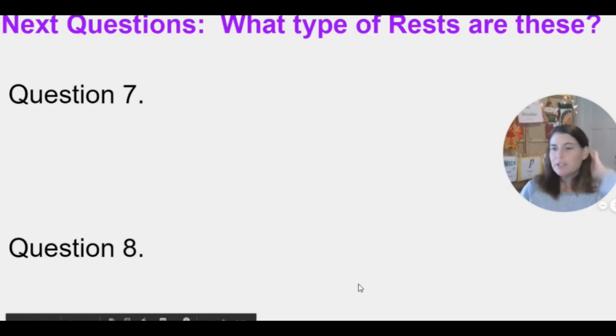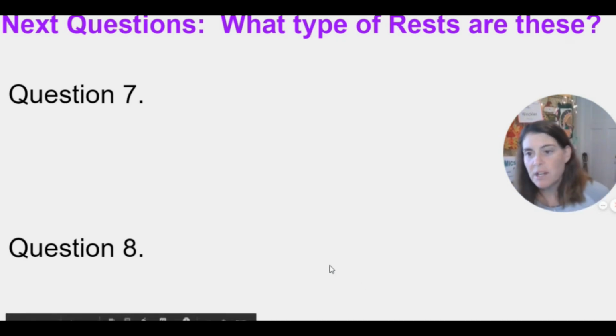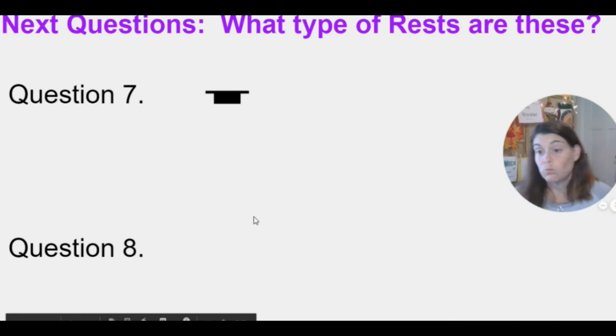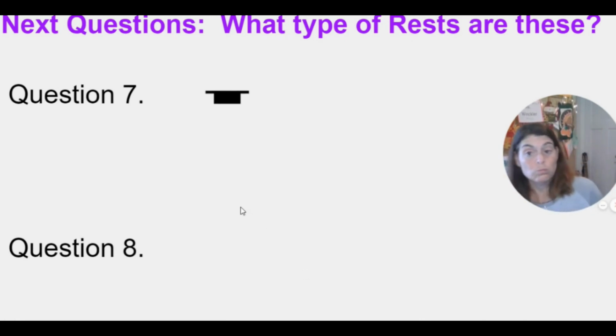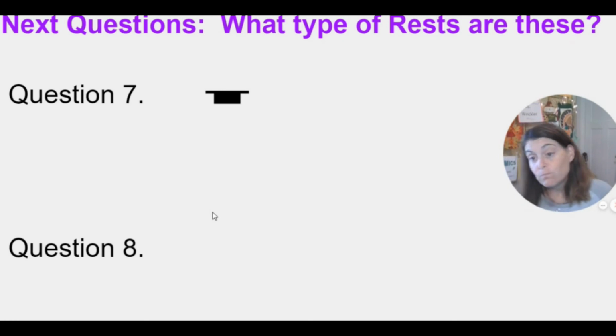All right, the next questions are, what types of rests are these? Here we go. You got to think to yourself, is it above the line or below the line? Do I fall into a hole or does it look like a hat?